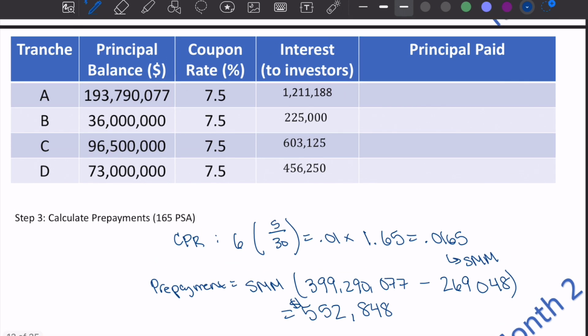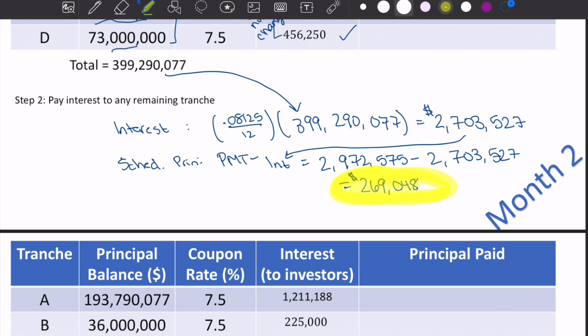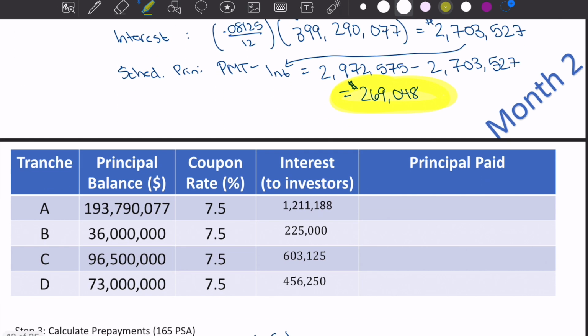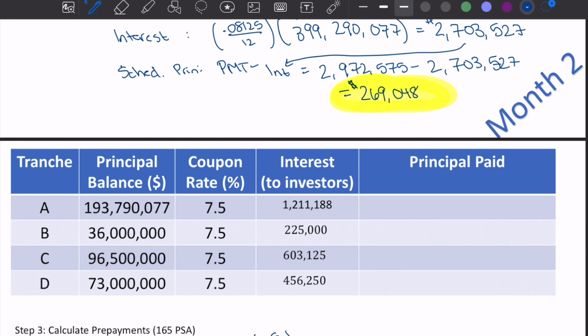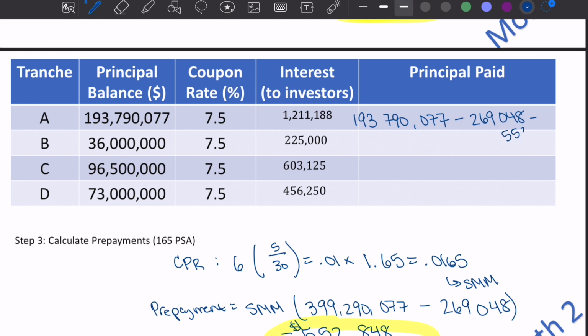So in total, I have prepayment of $552,848, and I have my scheduled principal of the $269,000. So going towards tranche A, I'm going to have beginning balance of $193,790,077 minus $269,048 minus $552,848.